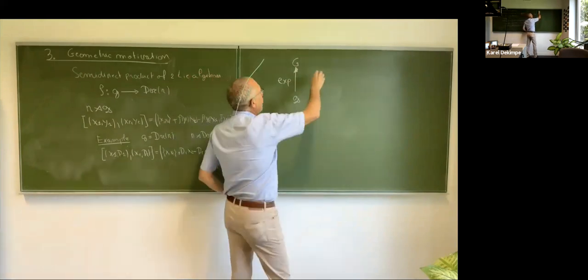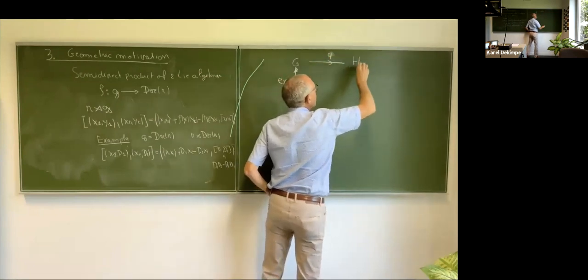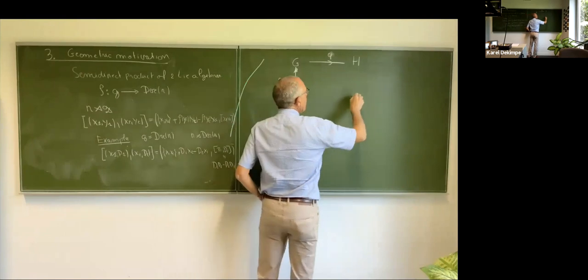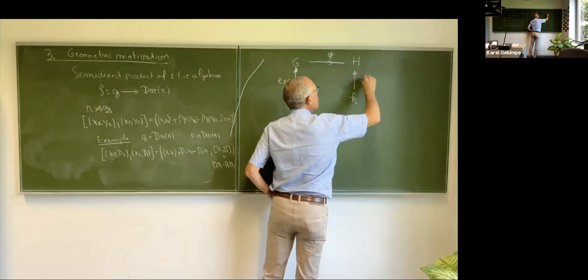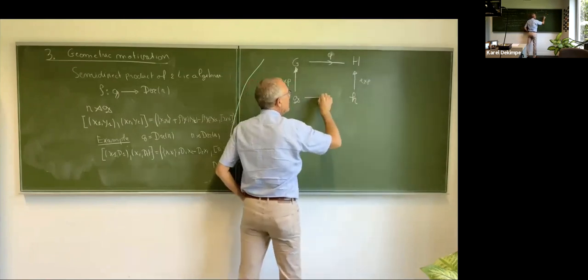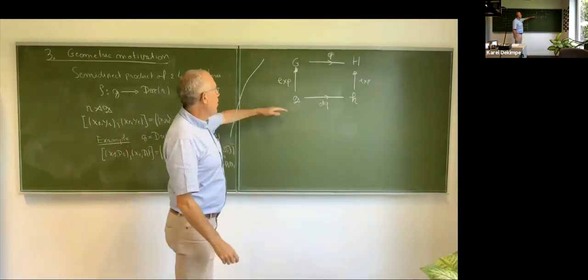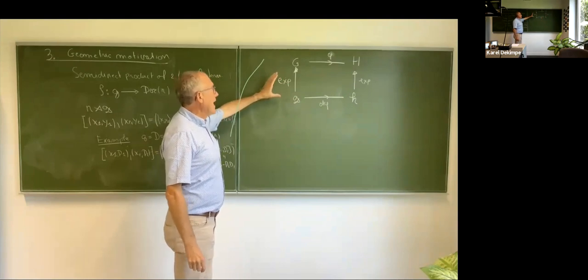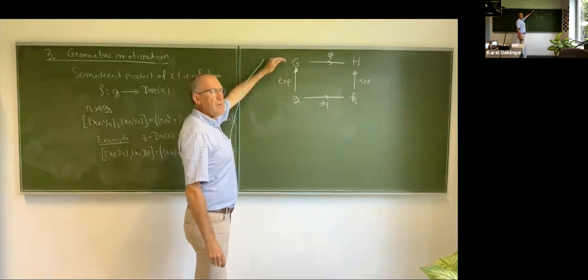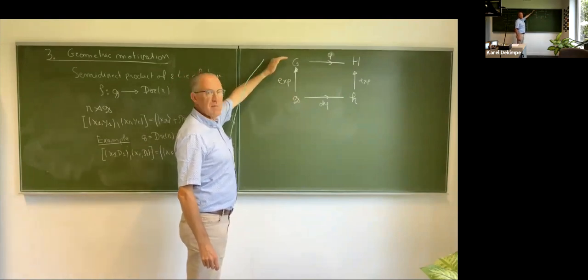And if you have a morphism of Lie groups, so a continuous morphism, let me call this phi, from G to H, and then you have the Lie algebra, small h, of the Lie group. Then if you look at the differential of this map, you get the morphism of Lie algebras over here, and this diagram is commutative. And actually, if G and H are both connected and simply connected, you can also go from the morphism over here to the morphism on the Lie group level.